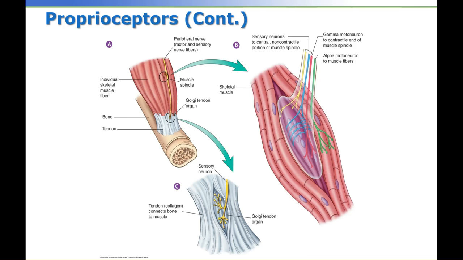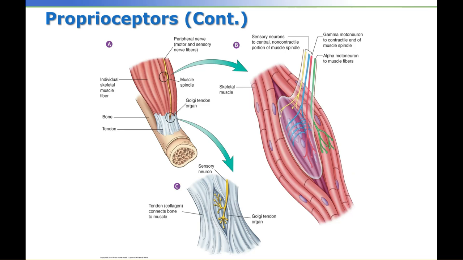Proprioception. So in regards to proprioceptors, you have these peripheral nerve motor and certain sensory nerve fibers, and it's dissecting it, so it shows that in sensory neurons you have the muscle spindle, and then you also have the Golgi tendon.